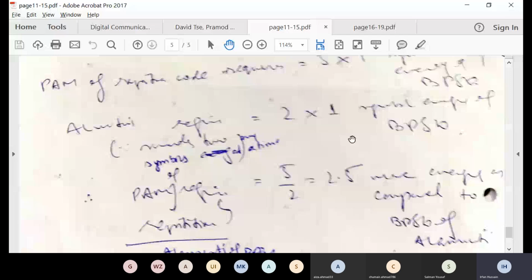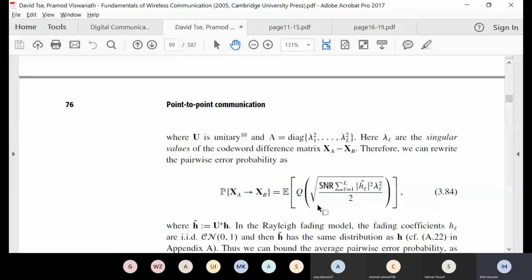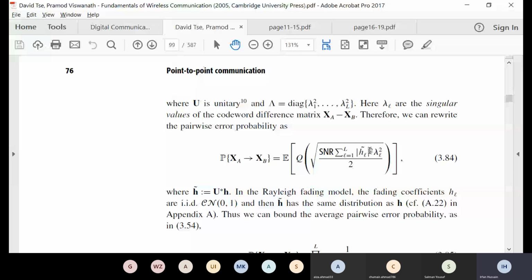Now you can see here, what is HL? HL is again a Rayleigh channel, because in Rayleigh we had noise, both the real and imaginary Gaussian random variables. When both are there, it becomes a Rayleigh complex Gaussian random variable.